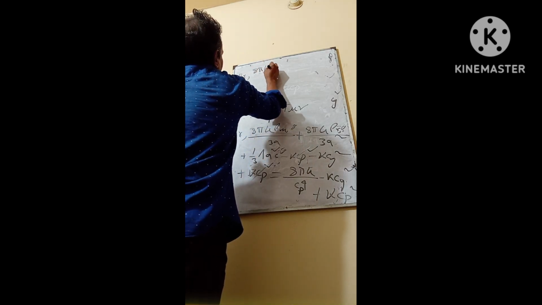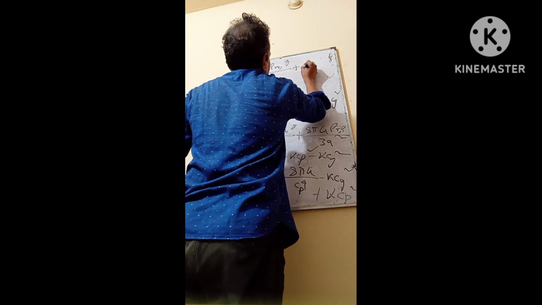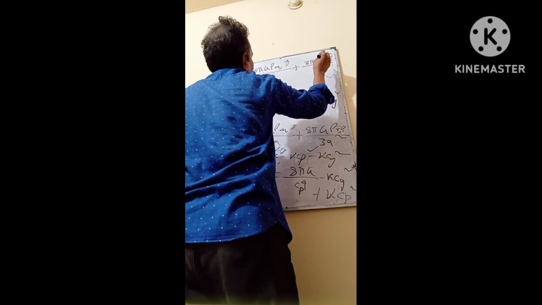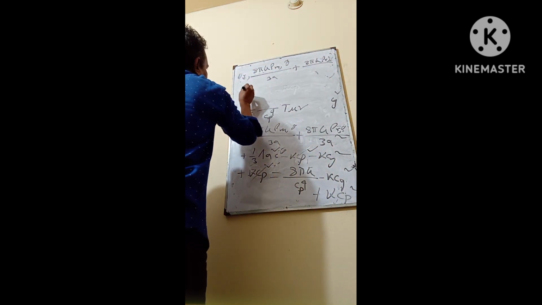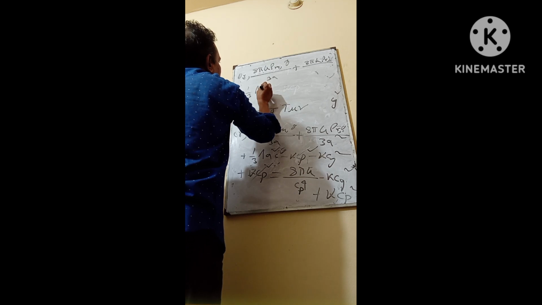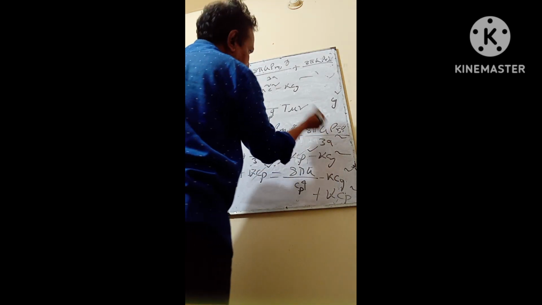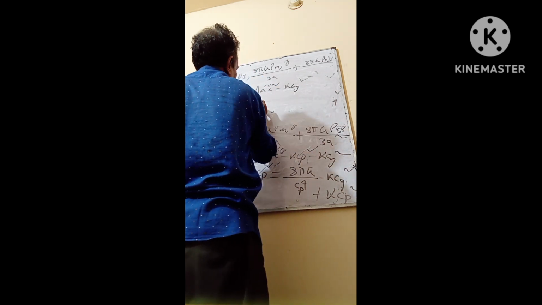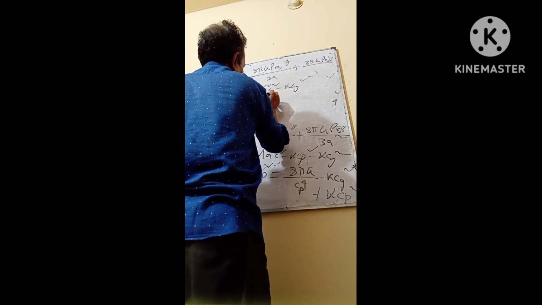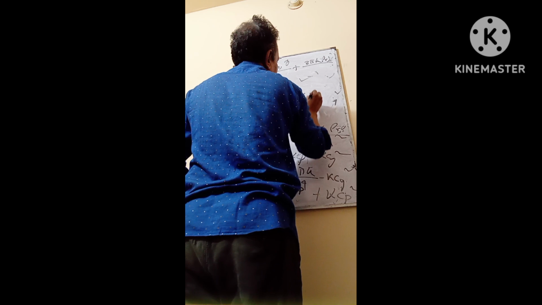Now 8 pi G rho m0 over 3a plus 8 pi G rho r0, 1 by 3, minus K Cg square, and then I have to write 8 pi G Cp, minus K Cg square minus Cp square.